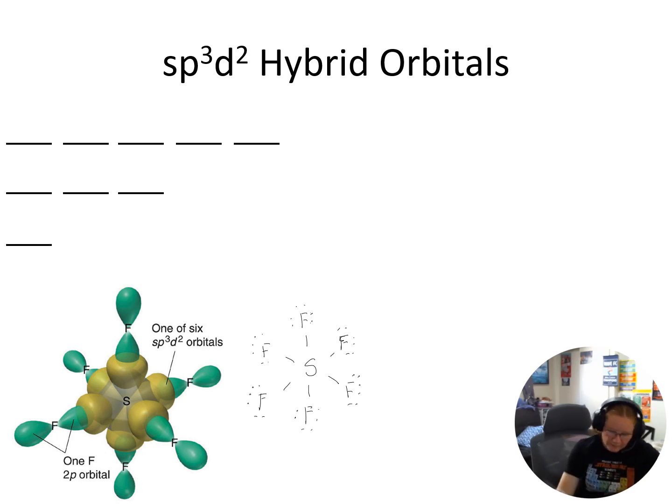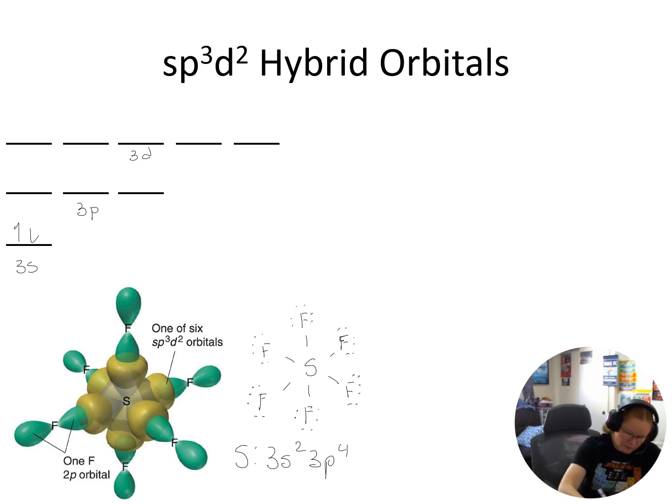Okay, and sulfur, our valence electrons, we're going to get 3s2, 3p4. So 3s, 3p, 3d. Okay, so now I'm going to take s, p, and 2 of the d's with me.